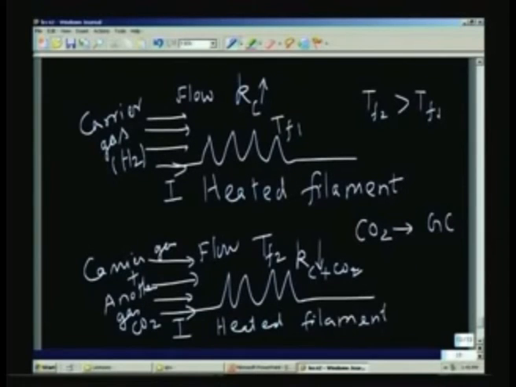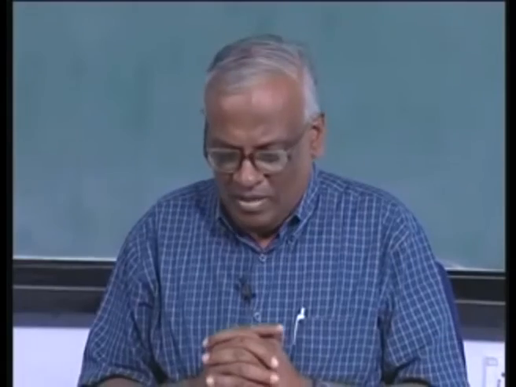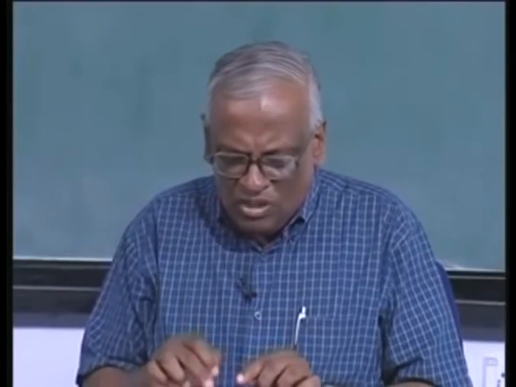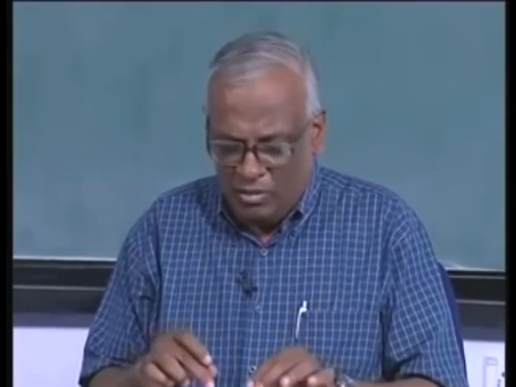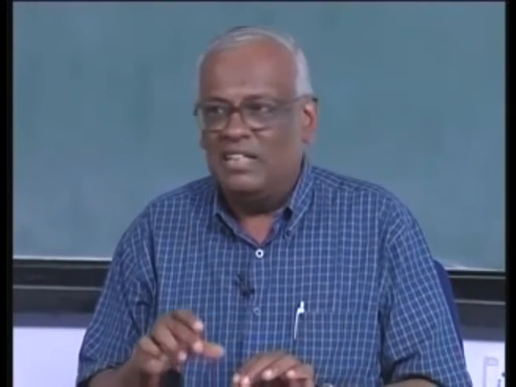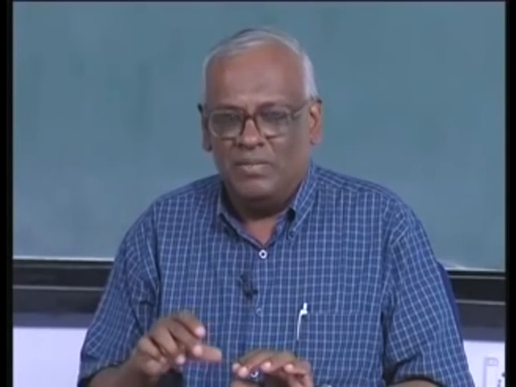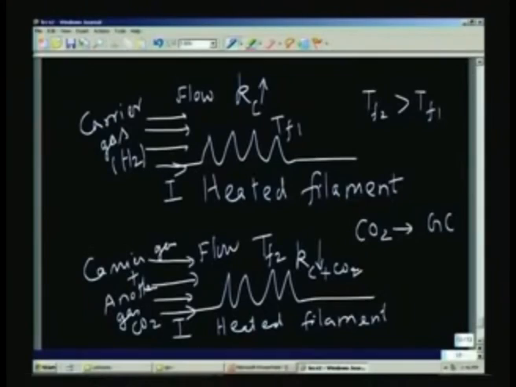So, you see that we have a very interesting case here. Suppose that these two filaments are made part of a bridge circuit, then if both of them had carrier gas passing around them, they will have the same resistance, and therefore, they will be balanced. So, when I have a gas consisting of carrier plus CO2 or carrier plus another gas, and in this case carrier only, there is a slight difference in temperature because the heat transfer rates are different for the two filaments.